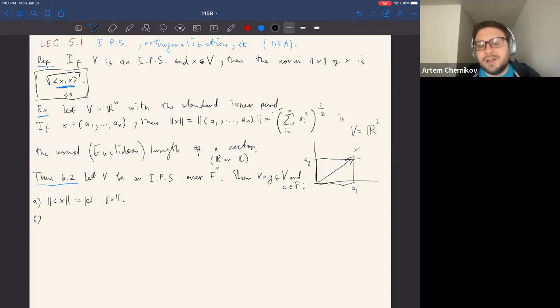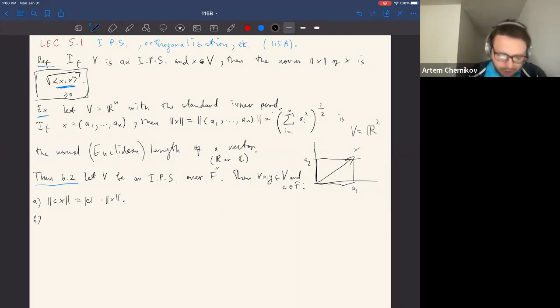And there are some other factors for the theory to work out smoothly, like wanting the elements of the field to have absolute values which behave naturally. Many things would work over more general fields, but I'll send you a link about this. There's something called Euclidean fields, which is a relevant notion here. But this takes us a bit off topic. Maybe we can discuss more in the office hours later. All right, so let's continue.